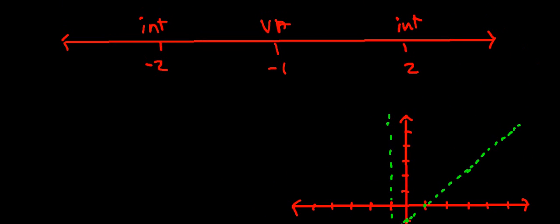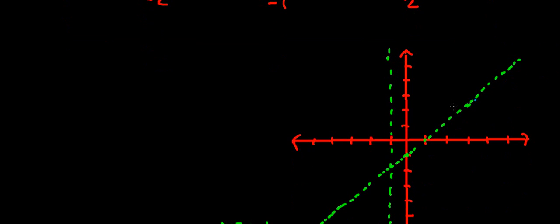And now we have to put on our zeros, -2 and 2. Here's -2 and here's 2.